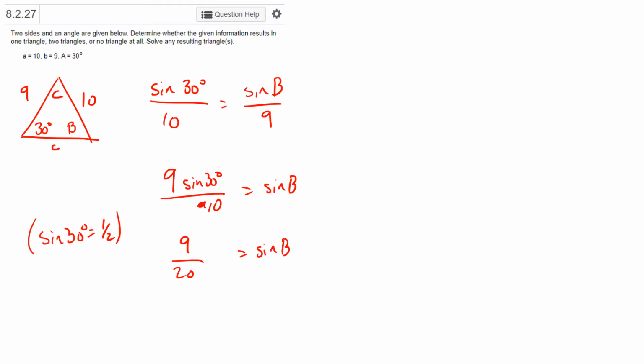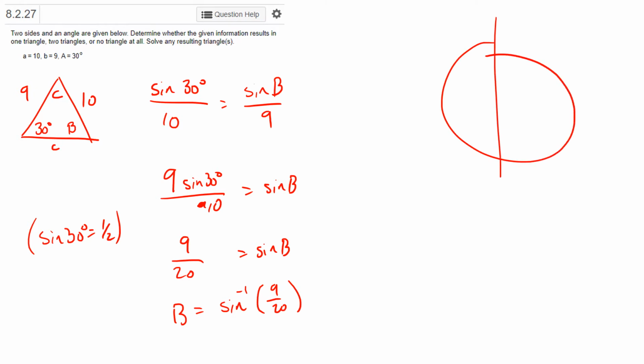So this tells me that B is arcsine of 9/20, but now I need to be pretty careful. If I'm looking at the unit circle, 9/20 is very close to 1/2, so it's about here, and since I'm looking at a sine of something being 9/20, I'm looking at a y coordinate.